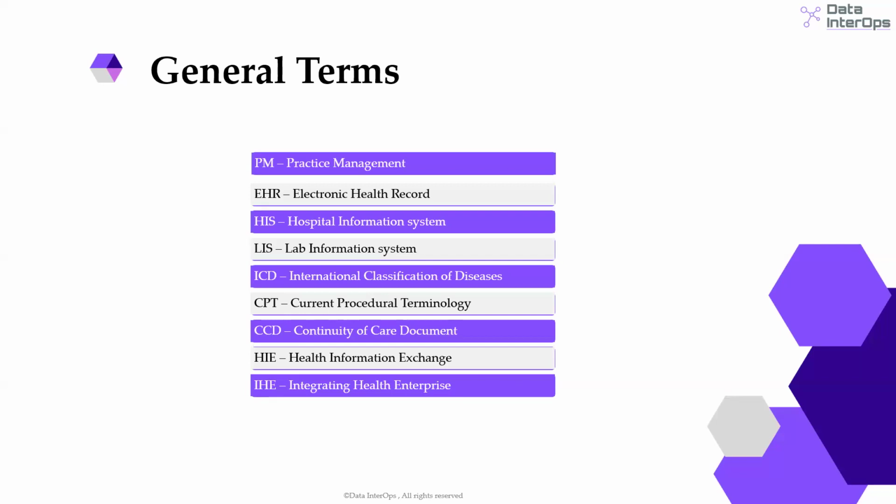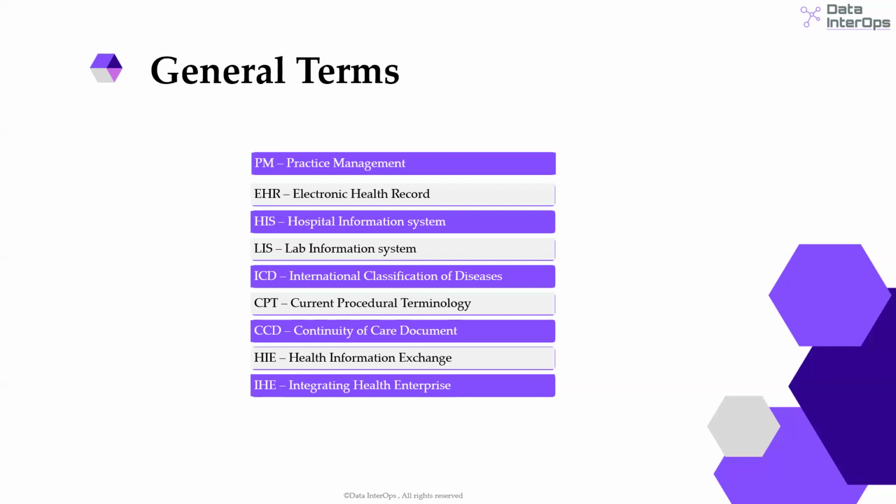Then you have ICD and CPT. These are two libraries that we will be using to represent the patient diseases. Every disease in the world has a unique ID, and that unique ID will be present in the ICD library. And then you have CPT, which is Current Procedural Terminology. These are basically the procedure codes that we have to address the problems or diseases that the patient has been facing.